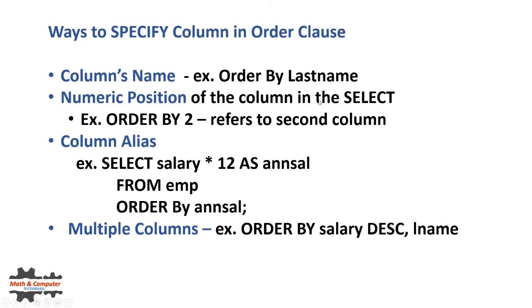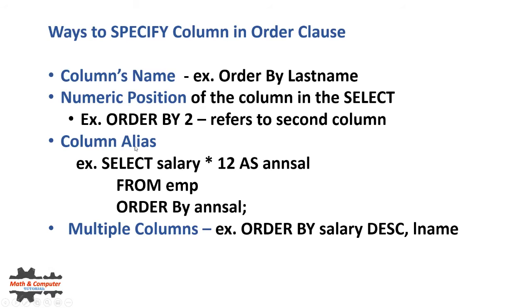Instead of typing the column's name, you can type the numeric position of the column identified in your SELECT statement. For example, if you want to sort data by the second column in your SELECT statement, then you type ORDER BY 2. It refers to the second column.